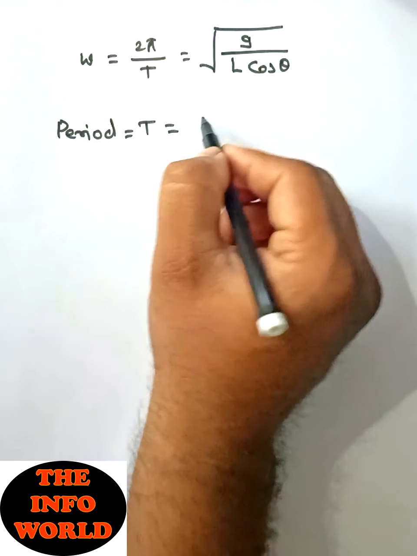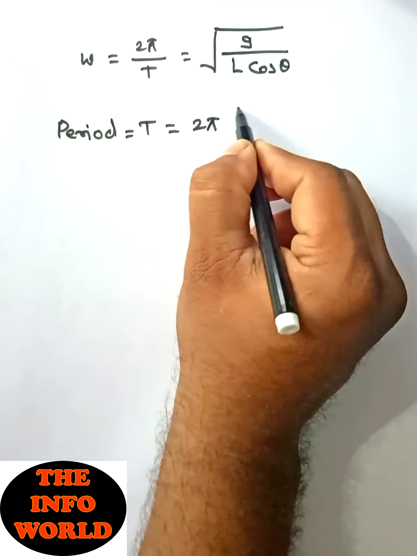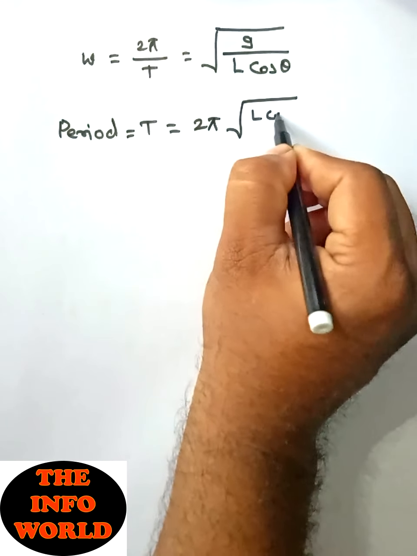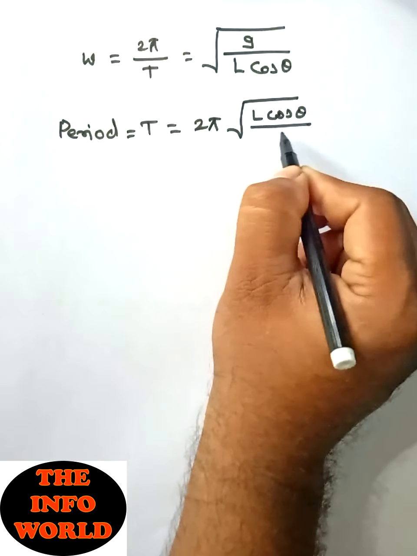So from this we can find the period T, which is equal to 2 pi under root L cos theta by g.